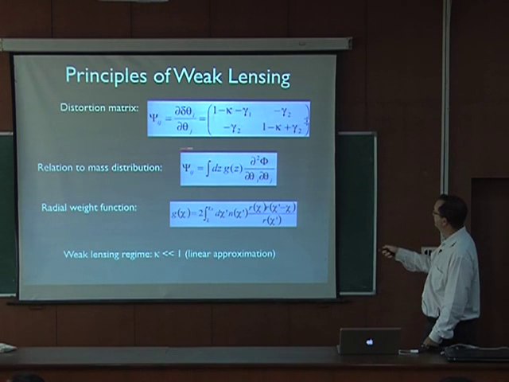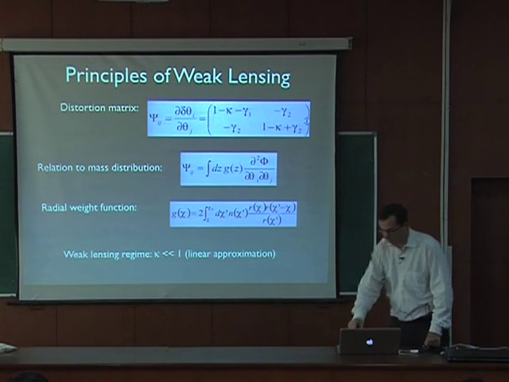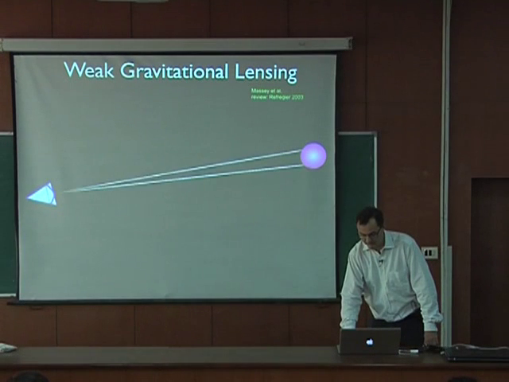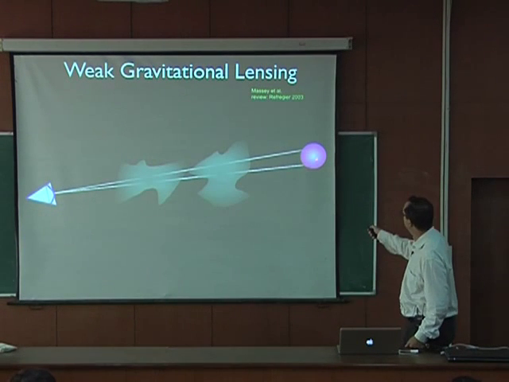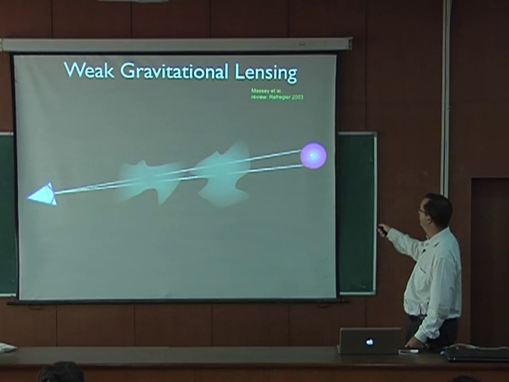And this distortion matrix, as I said, is equal to the projection of the gravitational potential derivatives along the line of sight, and the projection function is basically equal to the distribution of the redshift of the background galaxy that we're using.